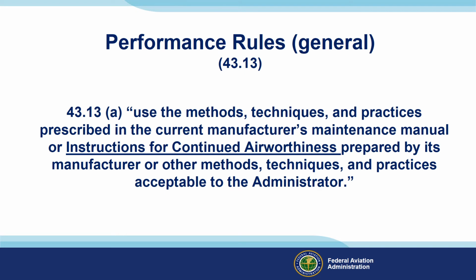So what is an instruction for continued airworthiness, or ICA? ICAs provide a way to keep aviation products airworthy. The ICA provide documentation of recommended methods, inspections, processes, and procedures. For more information about ICAs, you can read FAA Order 8110.54A.